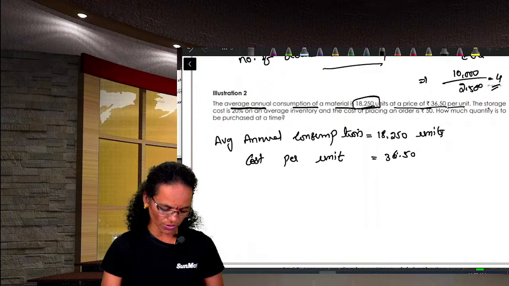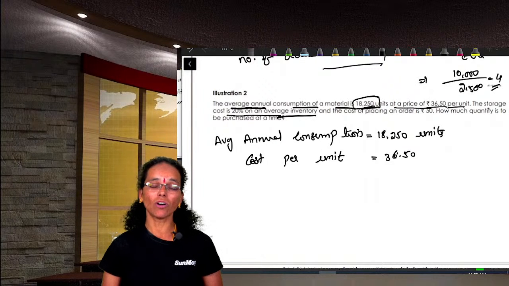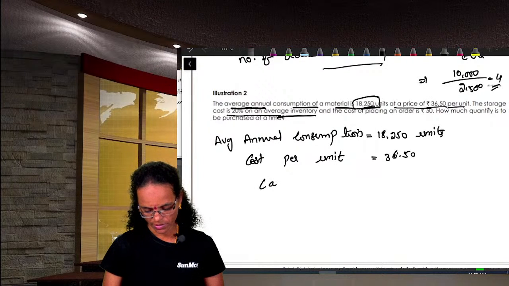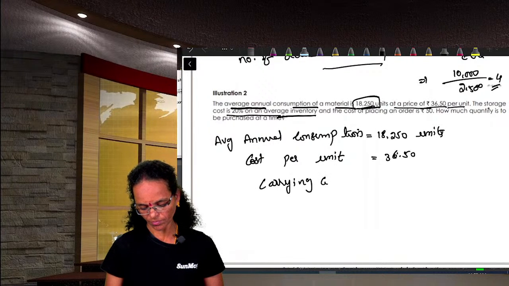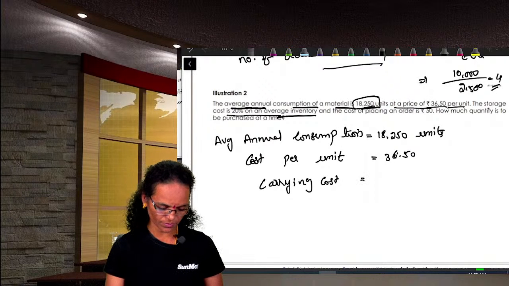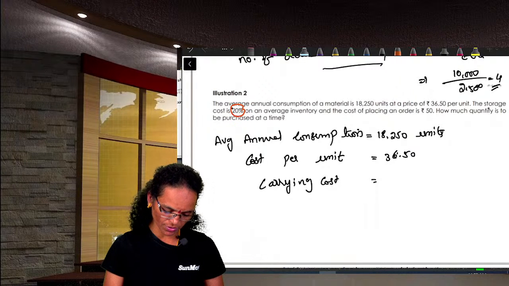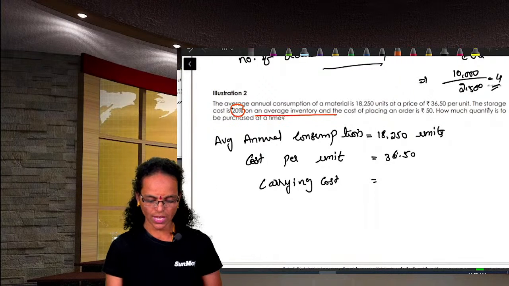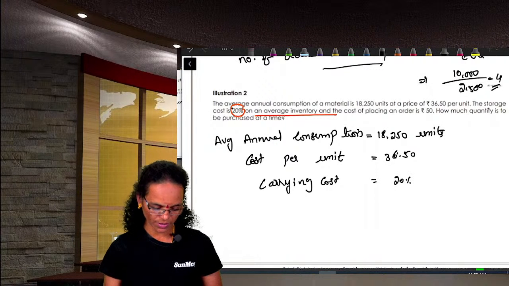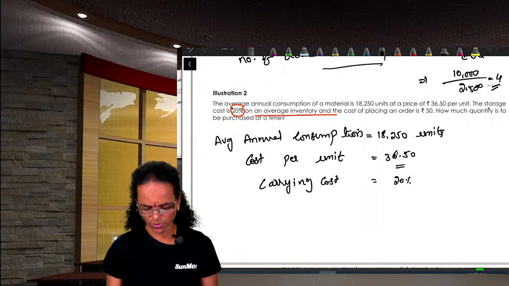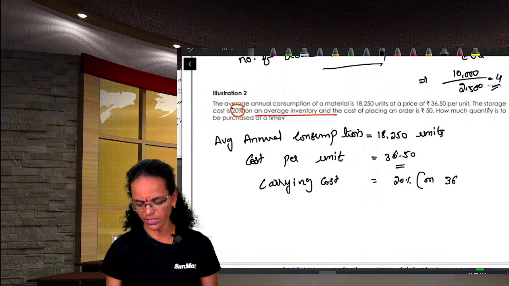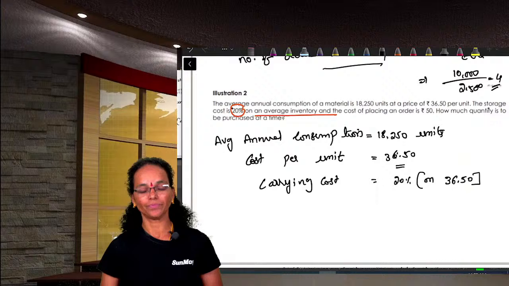The storage cost is 20% on average inventory. Storage cost or carrying cost is the same. Carrying cost is 20% on average inventory cost. See, 20% on the cost per unit. Inventory cost is nothing but cost per unit, 36.5.